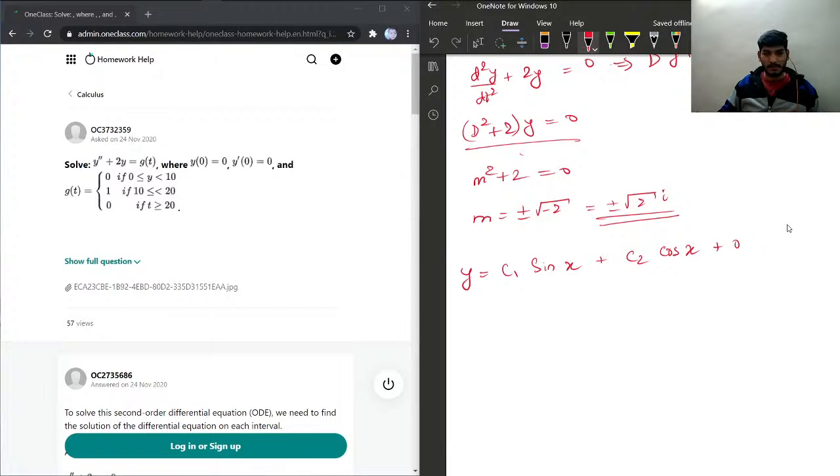Now we are going to put the boundary conditions. The boundary condition which we had was y at 0 is 0. Basically when t is 0, y is also 0.